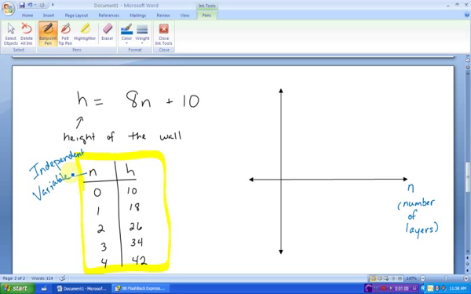So our first value is what we're going to change, and then we'll find out what happens. So the height of the wall depends, so it's called the dependent variable, on how many layers of bricks there are, and we always graph the dependent variable on the vertical axis.